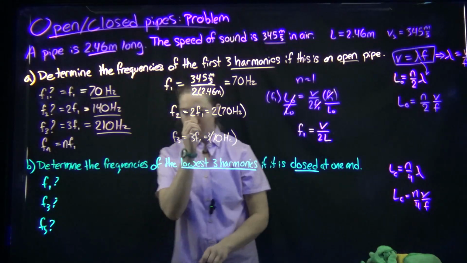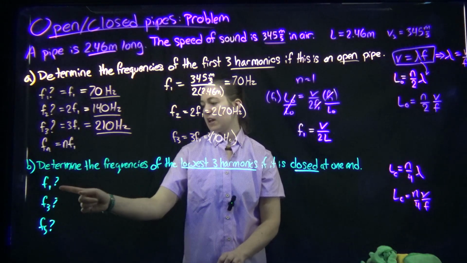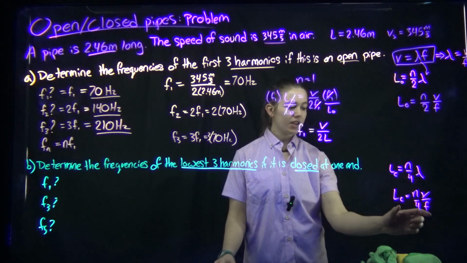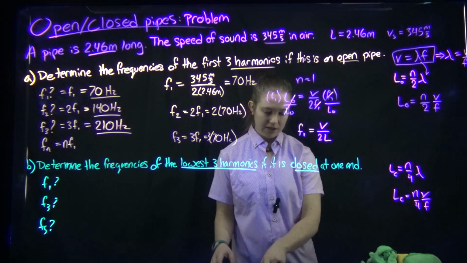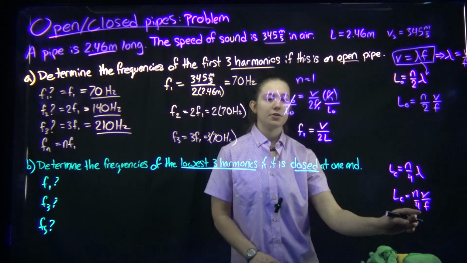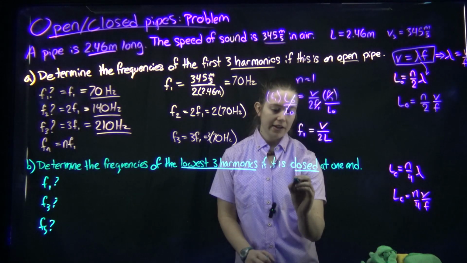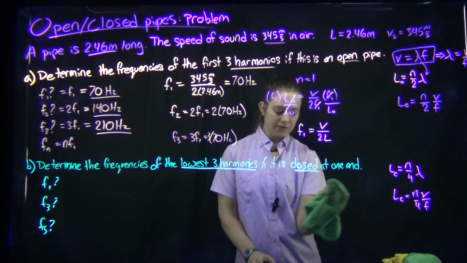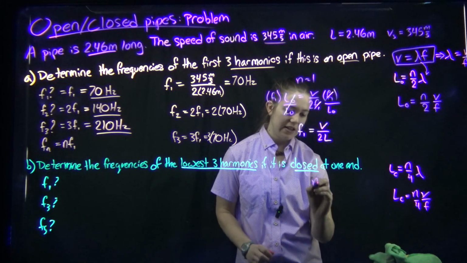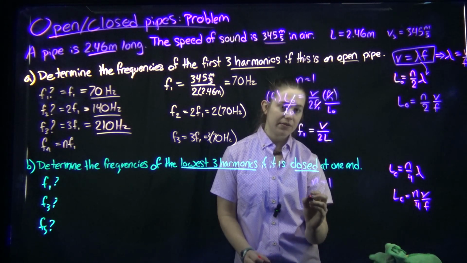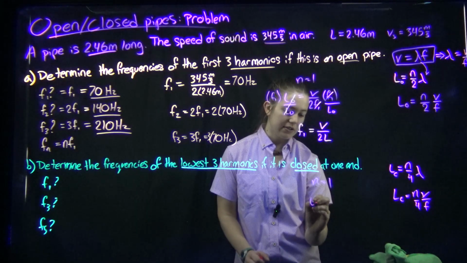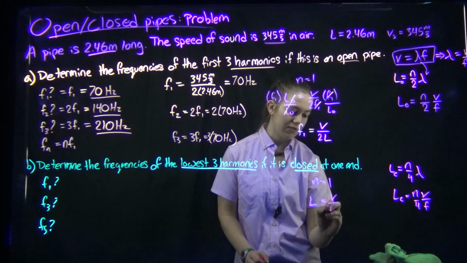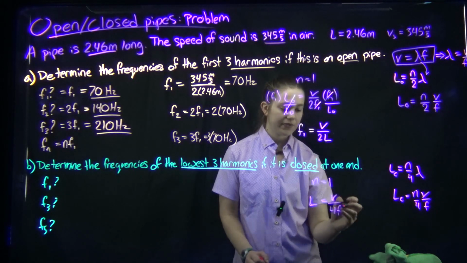Now in part B, we're going to find the lowest three harmonics, F1, F3, and F5, if it's closed. So we already got this equation. Let's do exactly what we did back here. If n equals 1, then we've got L is equal to V over 4F1.